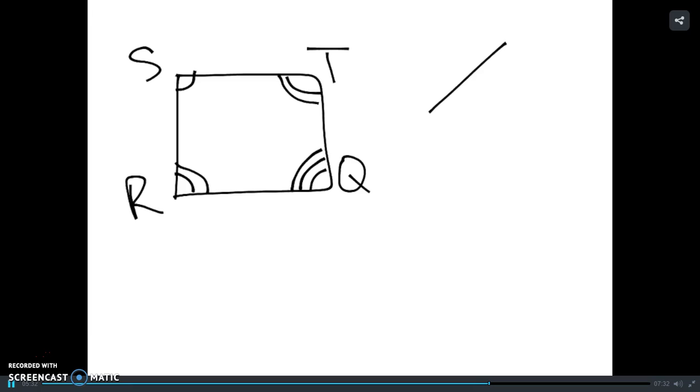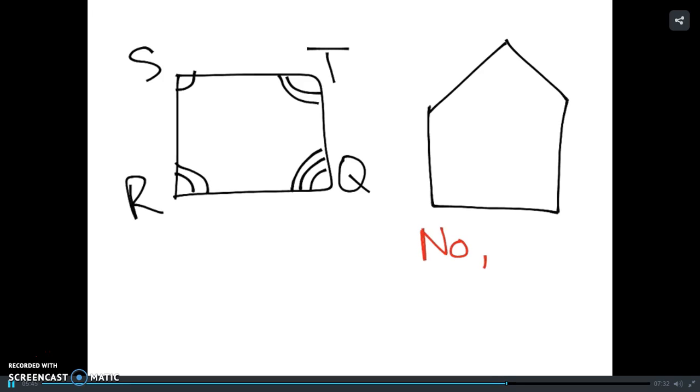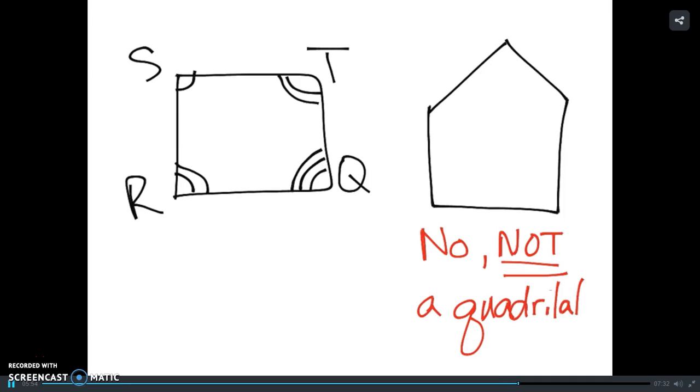You might be given something like this, and you might be asked, with no other information labeled, is this a parallelogram? And your answer would be no, because it is not a quadrilateral. So that one's a really nice, easy one.